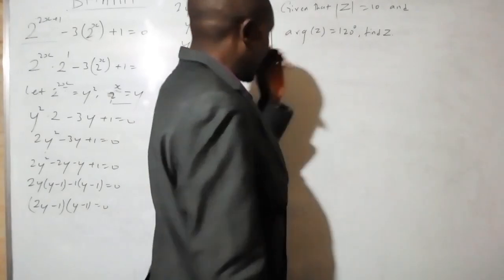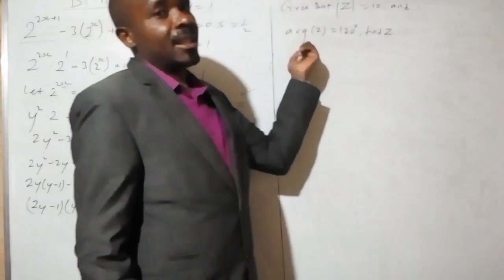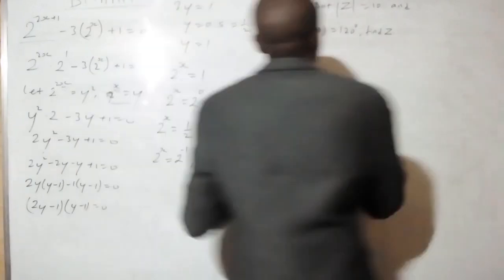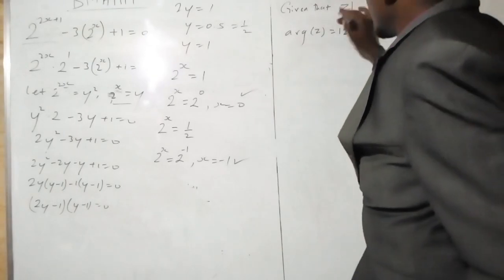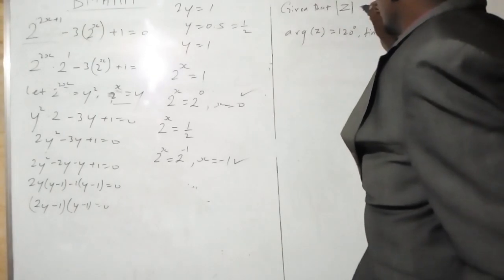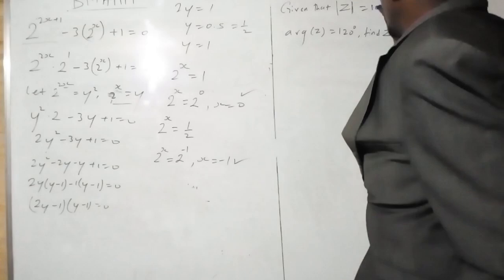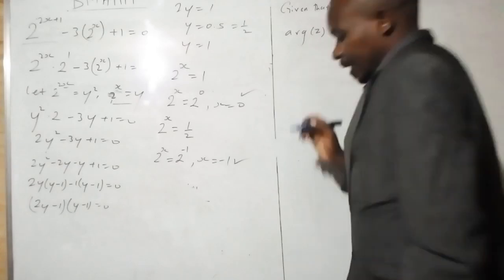This ARG means argument, read as the argument of z. This is the modulus, which is 10. But now we are supposed to find z.